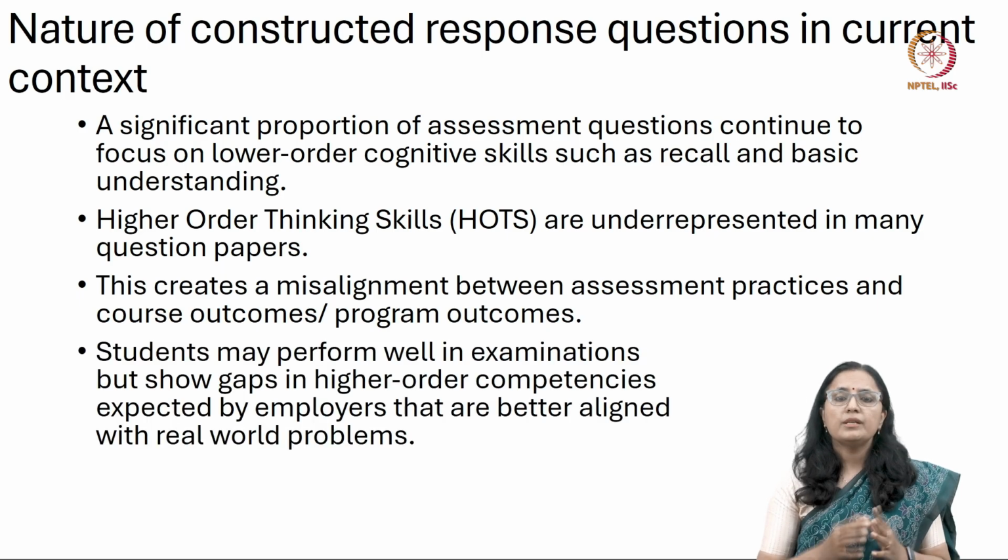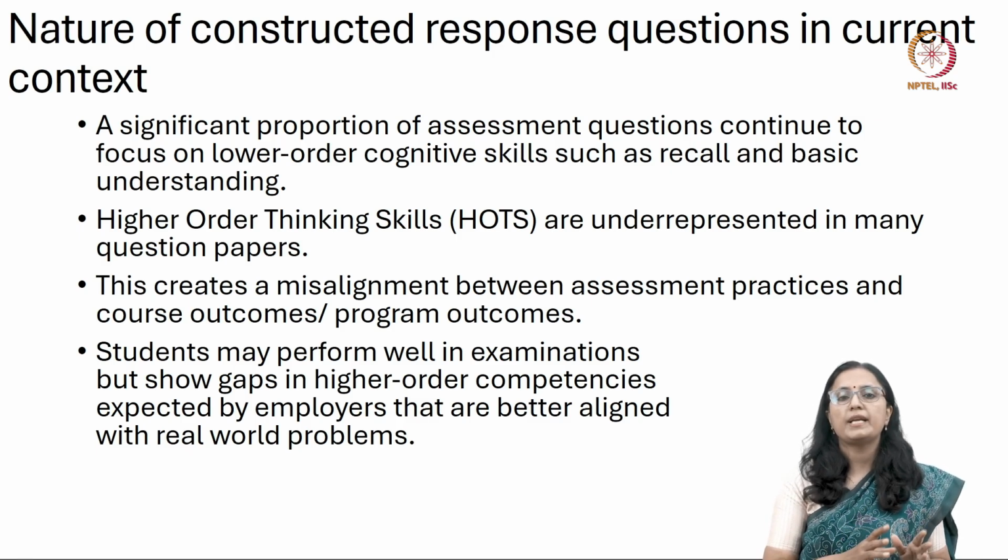Okay. So, in these question papers, we might observe that students are performing well, but it shows gaps in higher order competencies expected by the employers that are better aligned with real world problems, because students are never assessed on those competencies.